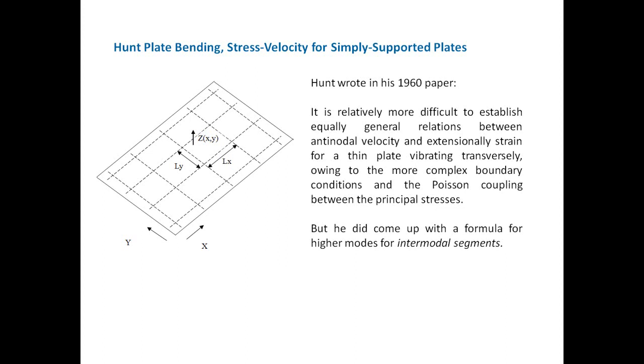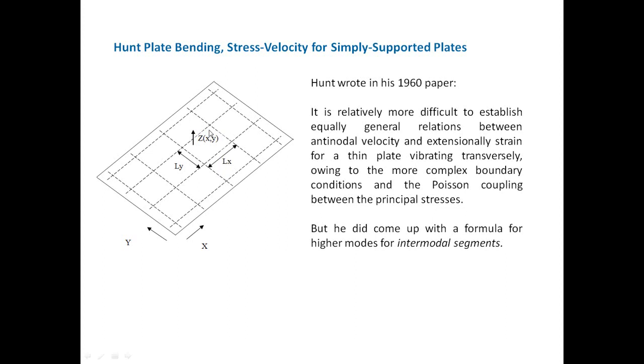But he did come up with a formula for higher modes for what he refers to as intermodal segments. So imagine a small rectangular patch here where we have the length along the y-axis and the length along the x-axis, and he came up with a stress-velocity relationship for this patch.